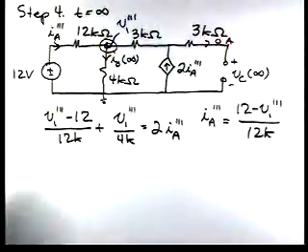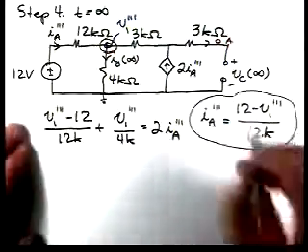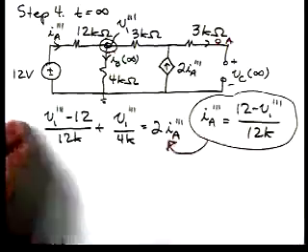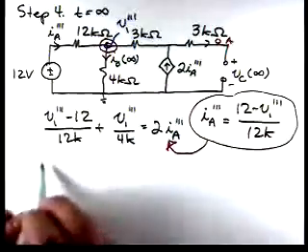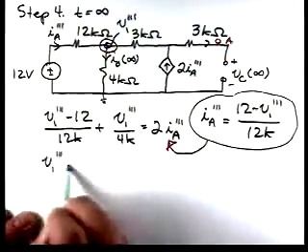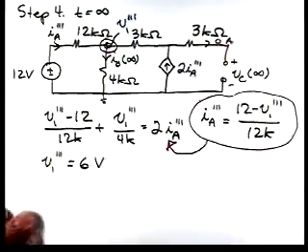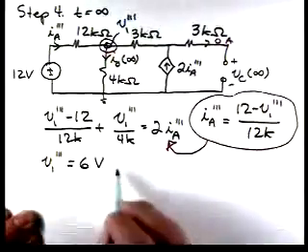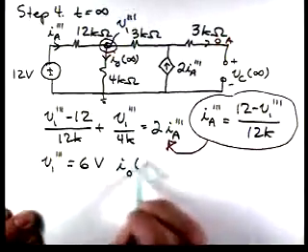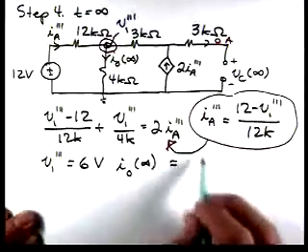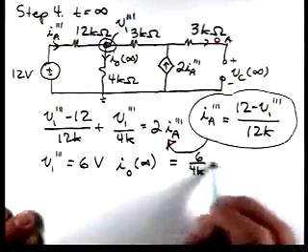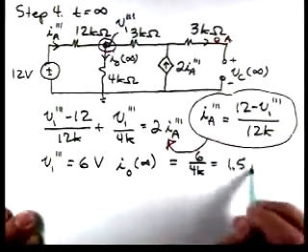Now we'll take this and substitute into there, and when you do this, you get V1 triple prime is 6 volts. So I0 of infinity is 6 over 4K, which is 1.5 milliamps.